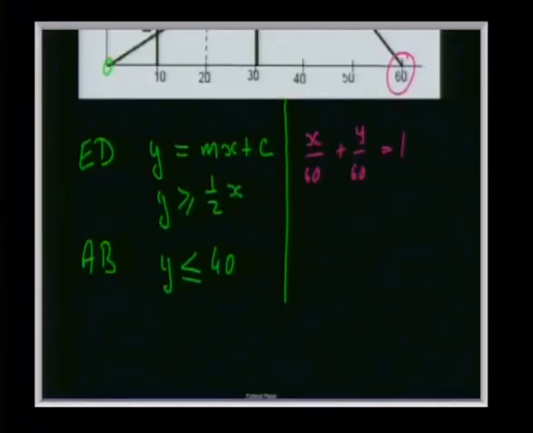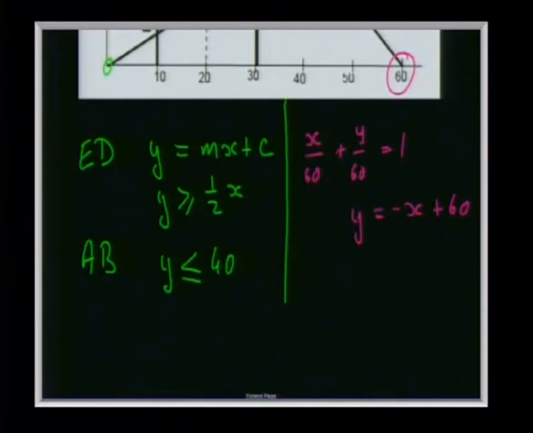Yes, it's as easy as that. X over the x-intercept plus y over the y-intercept gives you 1. I'm going to make it look pretty, and then I'm going to turn it into its inequality. So multiplying through by 60, I get that y is equal to minus x plus 60.